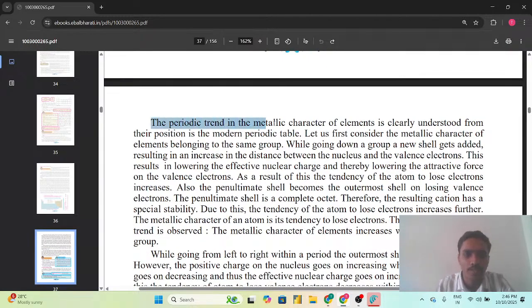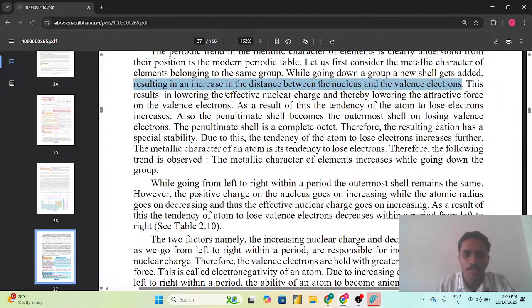The periodic trend in the metallic character of the elements is clearly understood from their position in the modern periodic table. Let us first consider the metallic character of the elements belonging to the same group. While going down a group, a new shell gets added, resulting in an increase in the distance between the nucleus and the valence electron. This results in lowering the effective nuclear charge and thereby lowering the attractive force on the valence electron. As a result of this, the tendency of the atom to lose electrons increases.